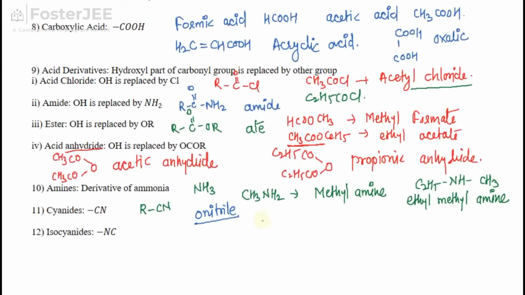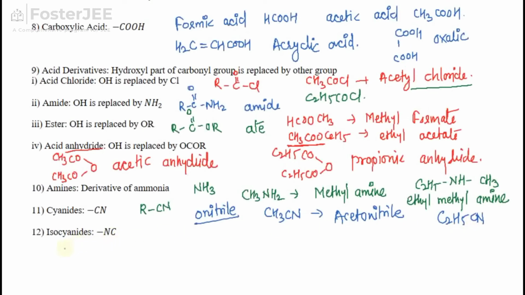For example, CH3CN, the name of the compound will be acetonitrile. Similarly, propionitrile is the name of C2H5CN.